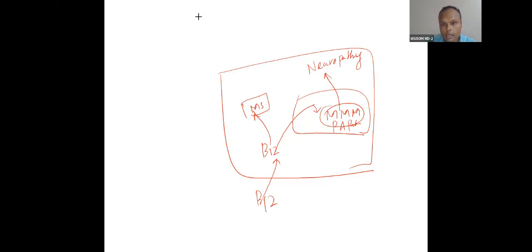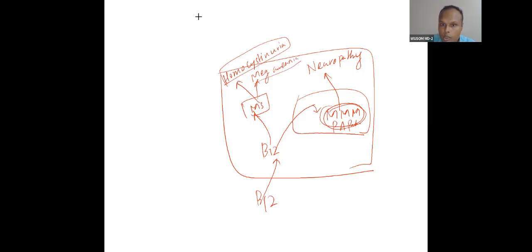And then this is the cause of homocystinuria, and also megaloblastic anemia. Why does neuropathy happen?